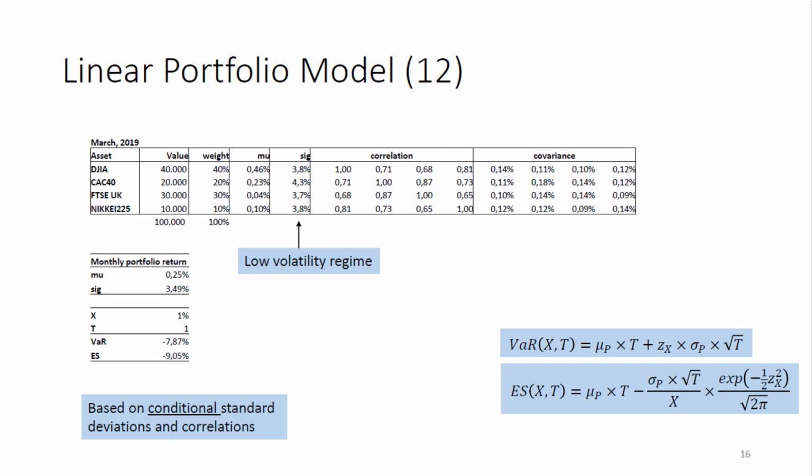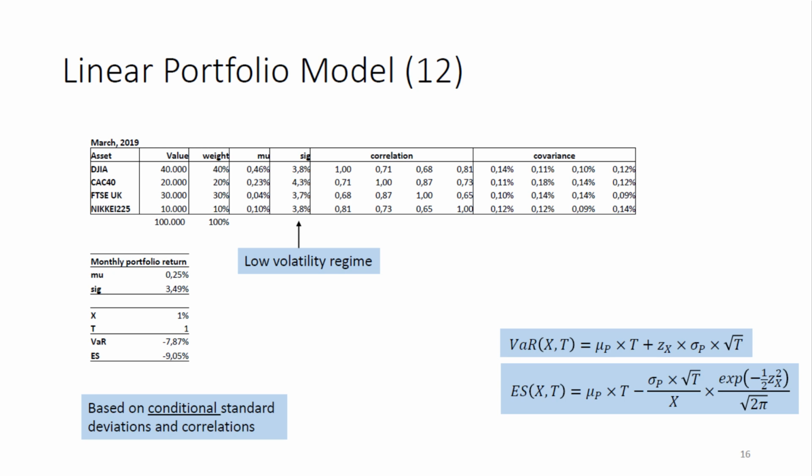And then, of course, the third thing that we could do is look at a low volatility regime. March 2019 actually is a low volatility regime. So I use the volatilities and the covariances from the exponentially weighted moving average that apply there. Those are the inputs for my uncertainty in my market variables.